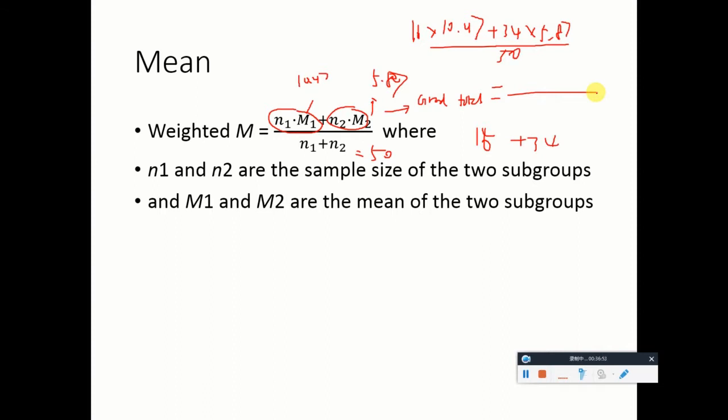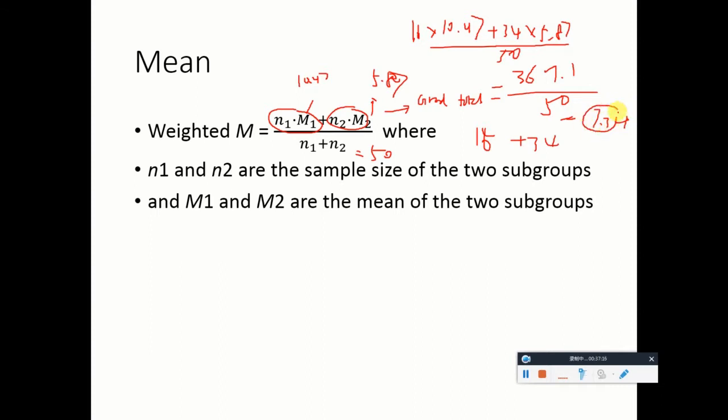Okay, so if my calculator is right, the grand total is going to be 367.1 divided by 50. That will give us 7.34. I believe that's the correct answer.